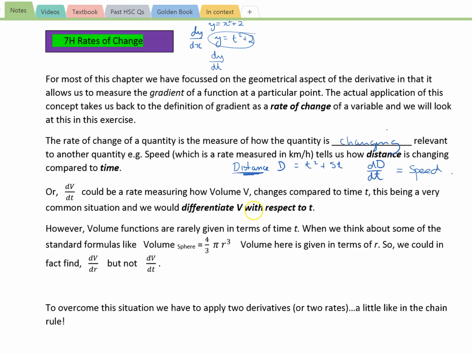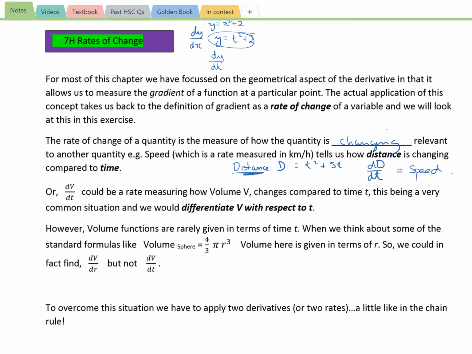There are many applications for the derivative, and it's important for you to realise that the derivative mathematically gives us the gradient, but in real life terms, it gives us a rate of change.